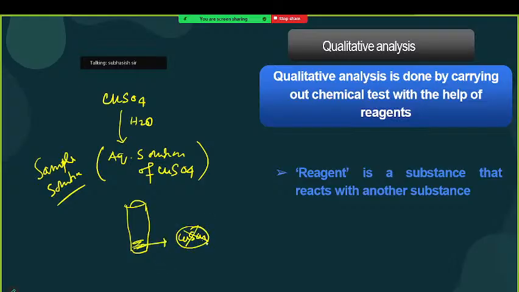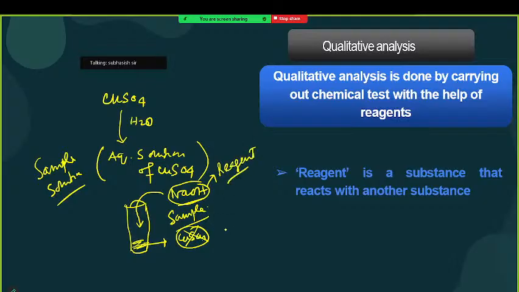Do not write copper sulfate; write sample solution, because you have to determine whether it contains copper or sulfate, etc. So this is the sample, and externally you add some, suppose, sodium hydroxide. Sodium hydroxide should be termed the reagent.